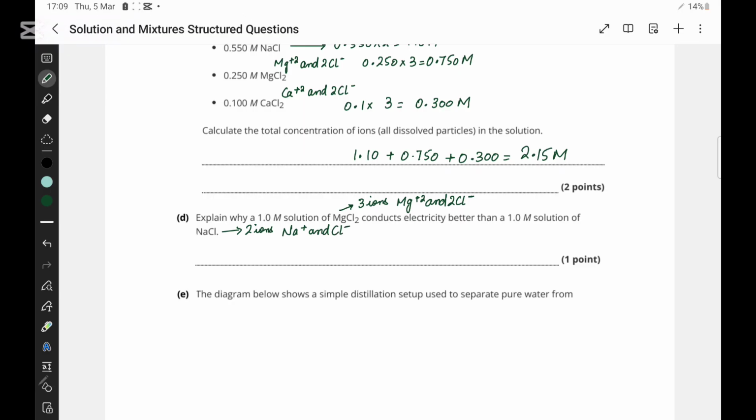So we can say that MgCl2 produces more ions per mole. So therefore, higher ion charge and number increases conductivity.